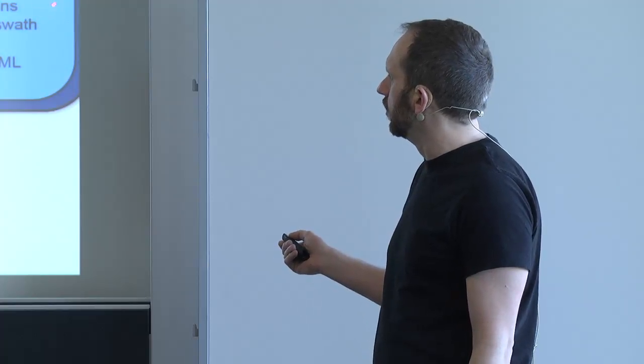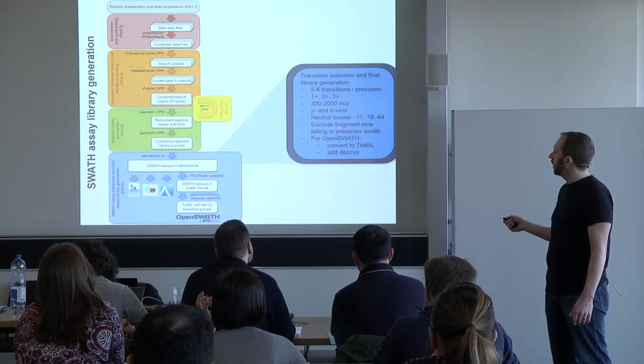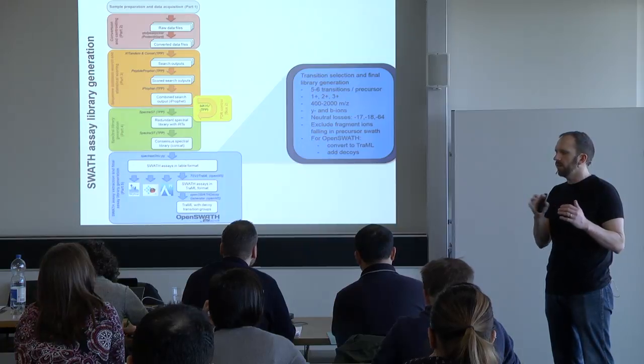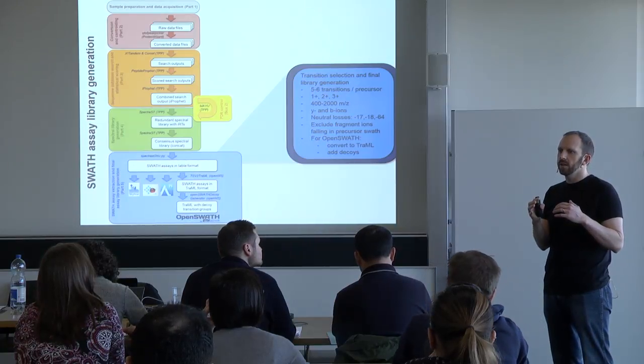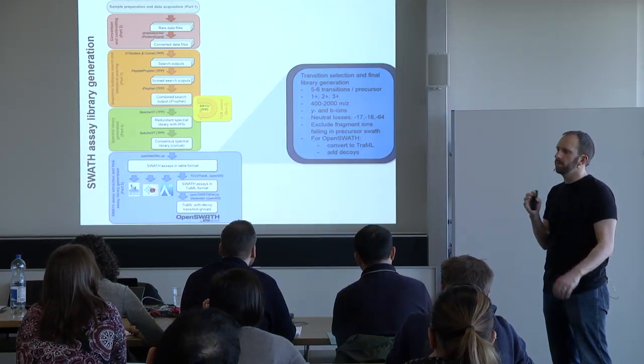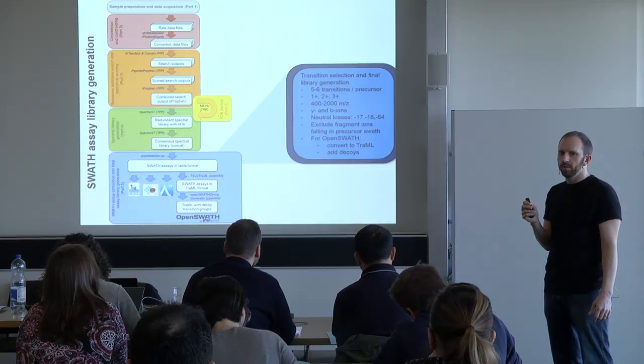You can also use neutral loss fragmentations if you want. We typically exclude the fragment ions which fall in the precursor window. So if we're collecting from 575 to 600, in the SWATH analysis we would typically not use a fragment ion from this range. Does anybody know why that might be?